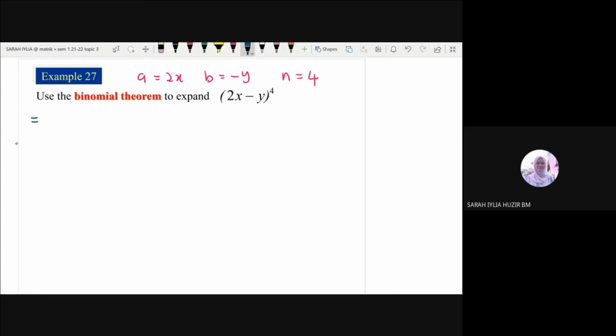Kita kena expand satu-satu tadi. So saya mulakan dengan template dulu. So kita akan ada 4C0. And then first term 2x, second term negative y. And then repeat that process until you jumpa 4C4.